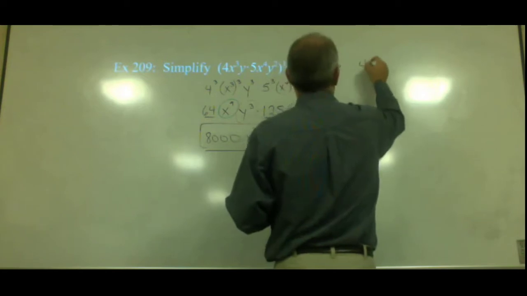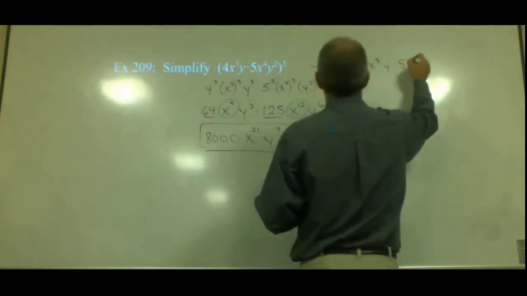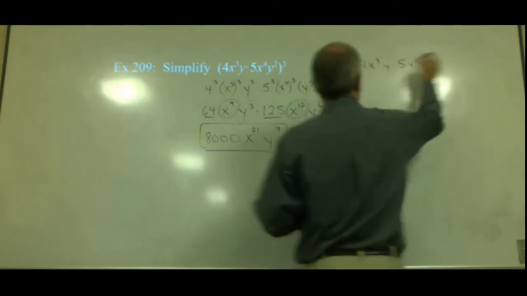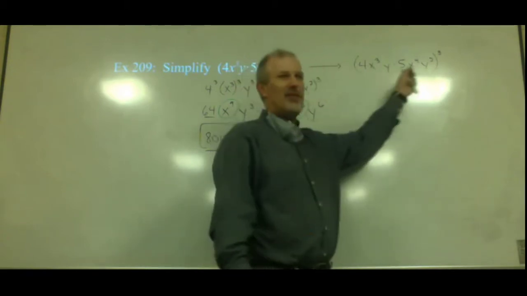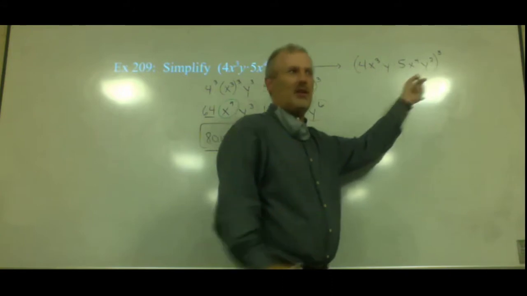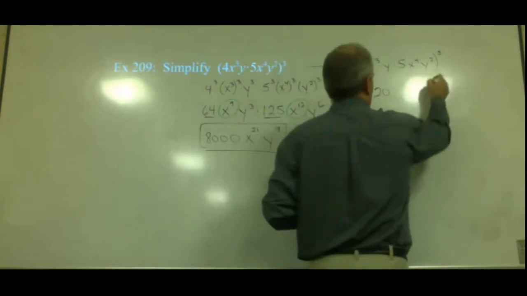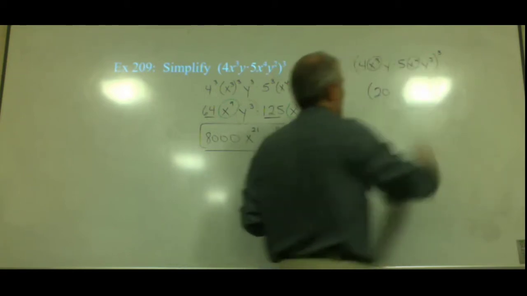If we've got 4x cubed y times 5x to the 4th y squared, cubed, maybe I should multiply the 4 times the 5 first. And what would that be? 20 inside the parentheses. And then if I've got the x cubed and the x to the 4th, what does that give us?